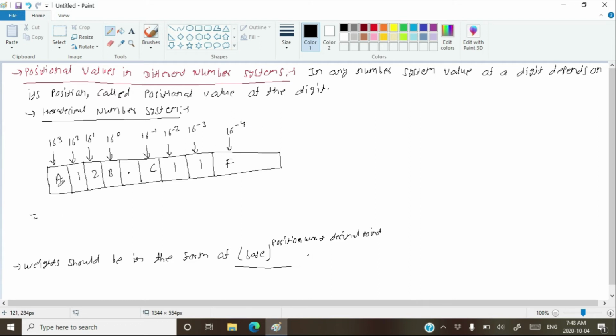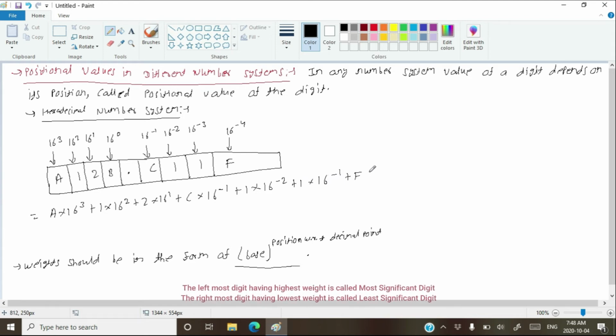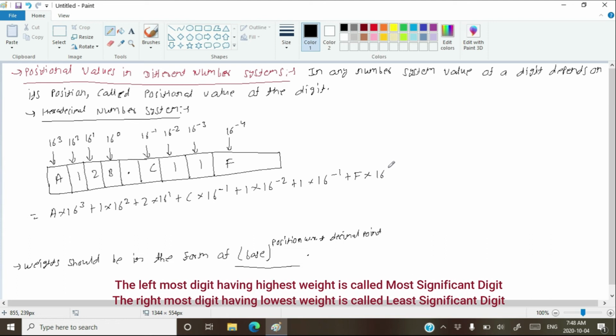So if you multiply the hexadecimal digits with corresponding weights, you will get the number in decimal. Okay, so here you will get A multiplied by 16 to the power 3 plus 1 multiplied by 16 square plus 2 multiplied by 16 to the power 1 plus B, then C multiplied by 16 to the power minus 1, ignore the fractional point, plus 1 multiplied by 16 to the power minus 2 plus 1 multiplied by 16 to the power minus 3 plus F multiplied by 16 to the power minus 4.